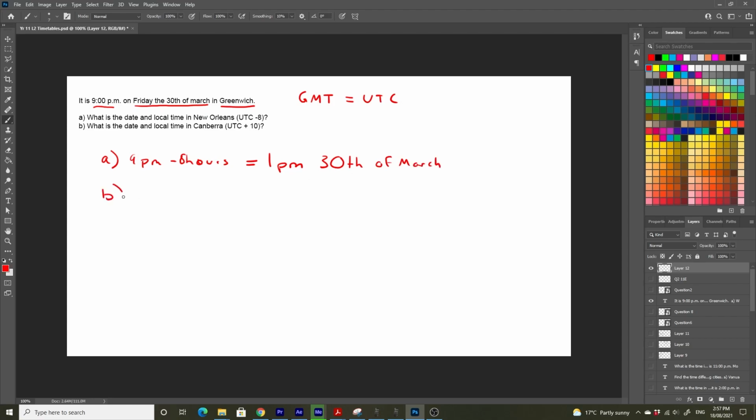Let's look at B. In Canberra, the time zone is UTC +10, which means they're 10 hours ahead of UTC time. So 10 hours after 9 p.m., well, what's that going to be?